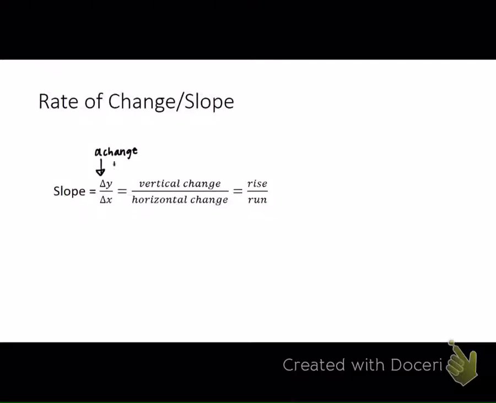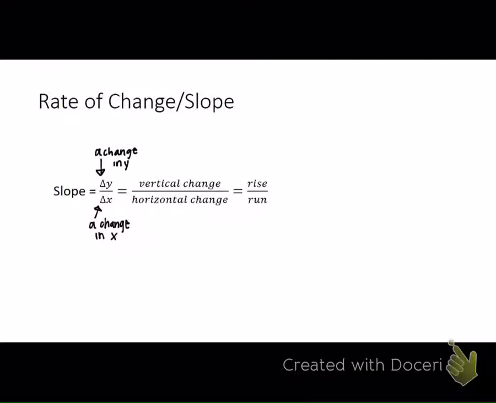And this means a change in x. So that delta symbol means a change. So it's saying that to find the slope, you take the change in the y coordinates and the change in the x coordinates and you divide them.